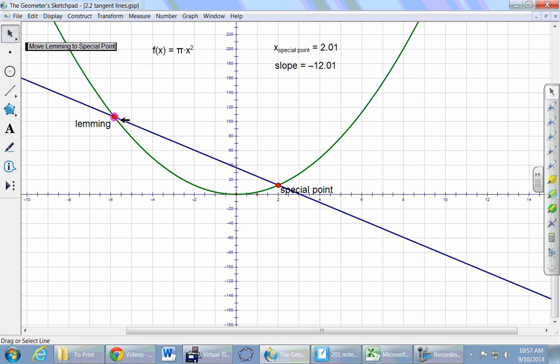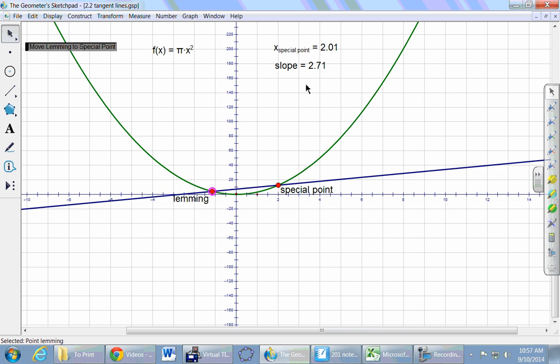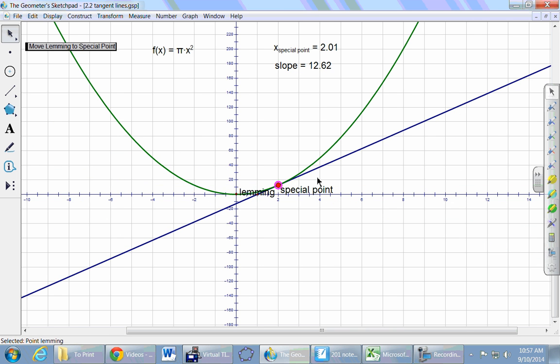So we're just going to let this lemming follow, get really, really close to the special point. So push the button. And that secant line eventually becomes tangent line. And the slope of that tangent line, I've just asked this program to calculate it, is 12.6. So in the new notation that we're seeing today, the derivative of this function at x equals 2 is about 12.6. Derivative just means slope of the tangent line.